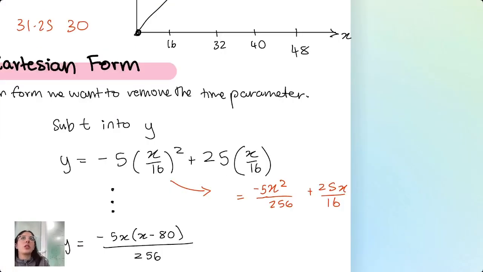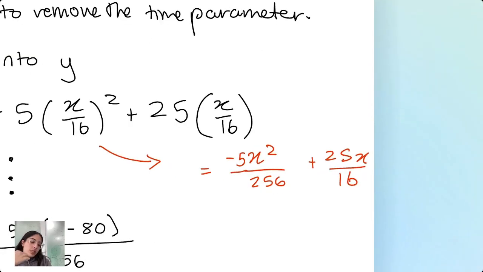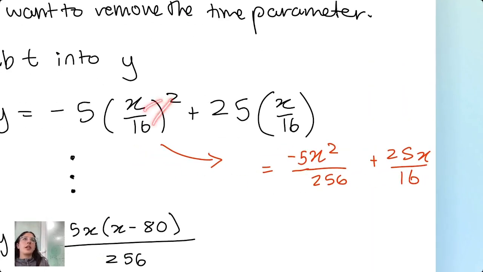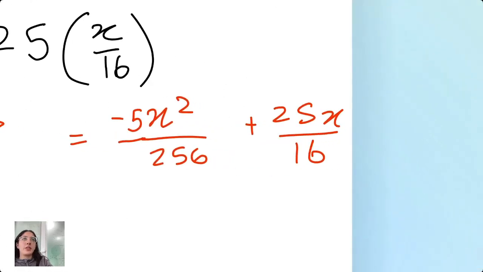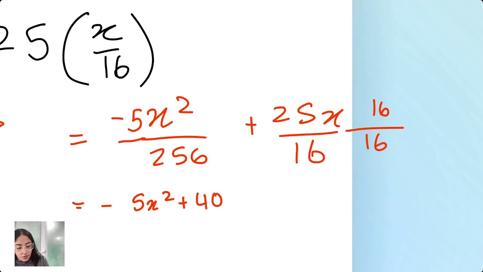So in order to do it, you just expand the squared into this bracket. You end up with this, and then you obviously want to make a common denominator, so you want to multiply the top and bottom of the second fraction by 16 on 16. So you're going to end up with -5x squared plus 25 times 16, which is 400x, all over 256.